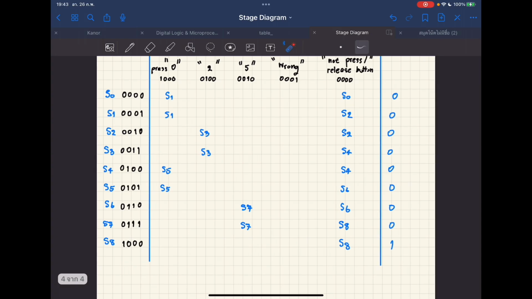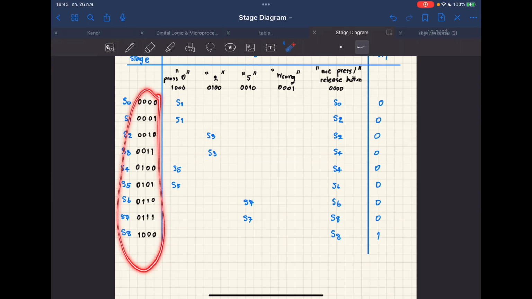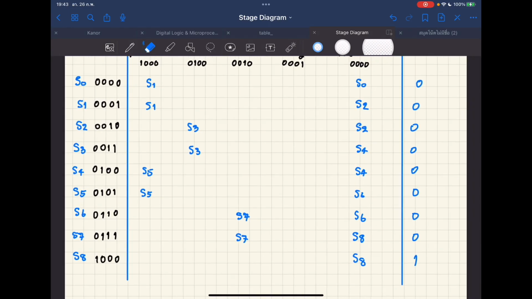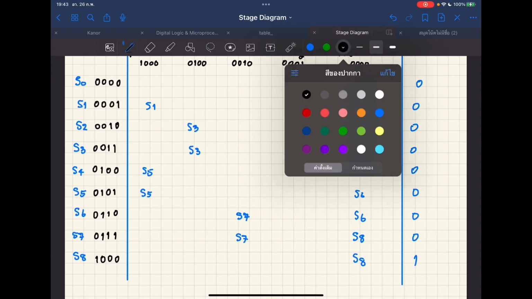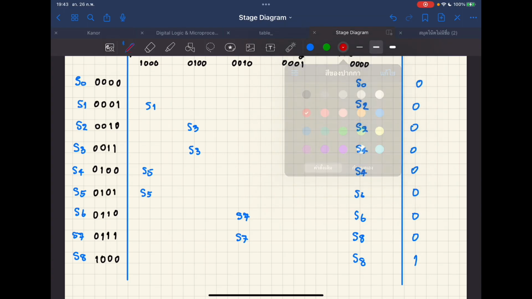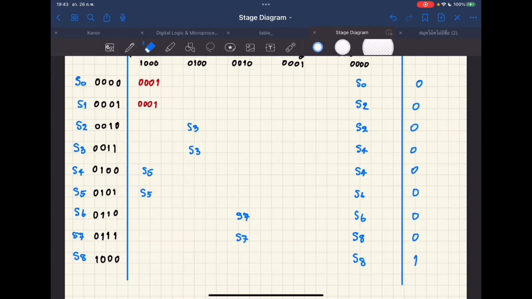This is my stage, and then we change. Stage 1 is 0 0 0 1. We change the stage into the number.